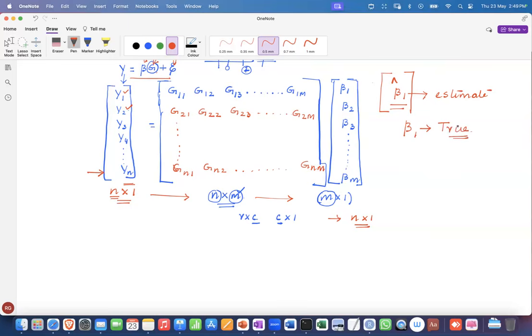Ultimately, what do we want? We want to estimate our true effects, right? But estimating the true effects with so many millions of SNPs, right? Normally, we have a word in statistics called power, right?